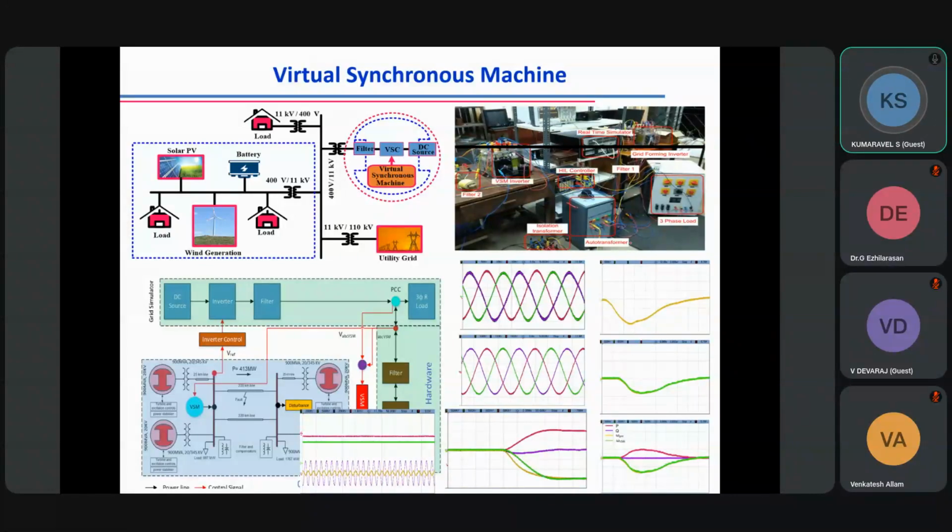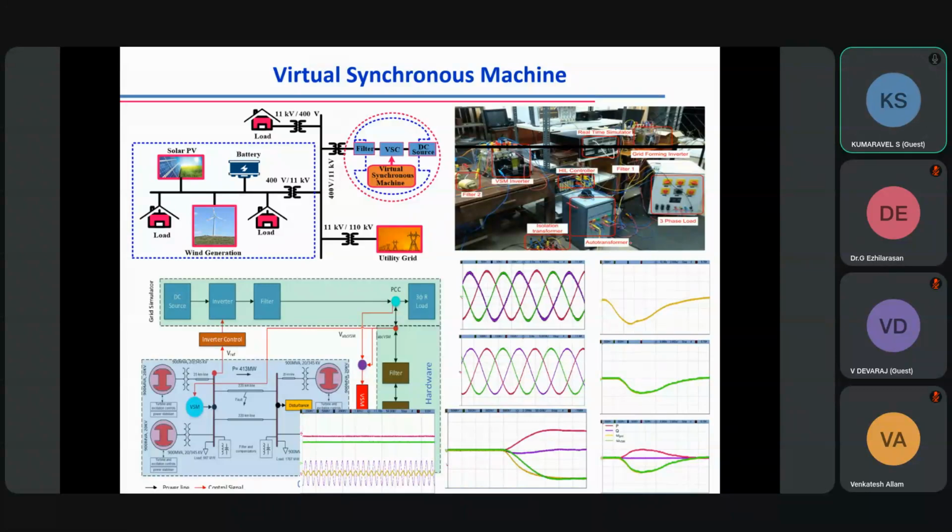And that we have proved using both simulation as well as hardware. In the hardware, we got a satisfactory result. That's how the novelty was proved, the outcome was proved, the target was achieved, and the paper was finally published in IEEE Transactions on Energy Conversion.